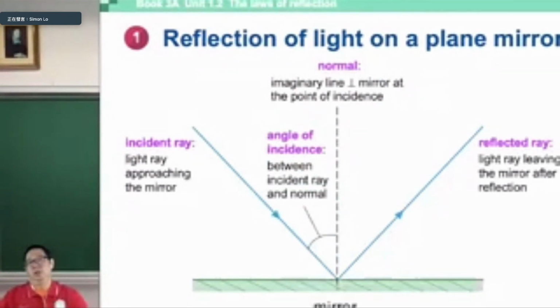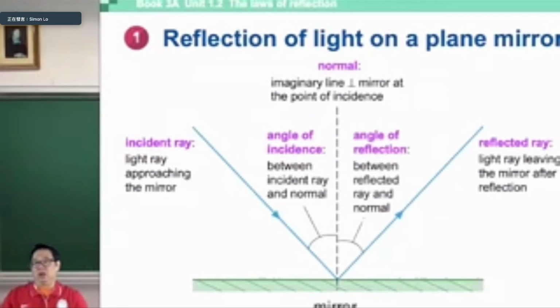Now we define the angle of incidence. That is the angle between the normal and the incident ray. Now you see the difference: this is the incident ray, and this is the angle of incidence. It is the difference between a noun and an adjective. The next one is the angle of reflection, not angle reflected. So don't give me "reflection ray"; it should be reflected ray.